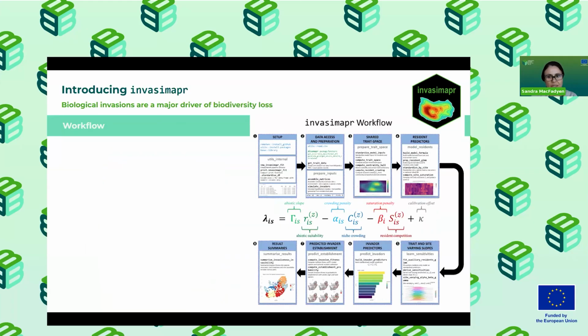So this is just a breakdown of the workflow itself. As you can see, you set up the system, and you can run through a number of internal functions that allow you to standardize the data that you've got. It specifically needs to be in a site by species matrix, so it walks you through taking your own data so that you can apply it further in the different functions.